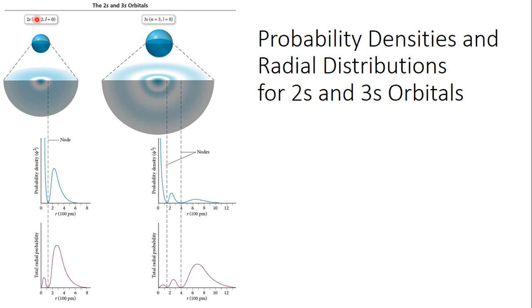Now if we look at the 2s, or n equals 2, L equals 0, and 3s, n equals 3, L equals 0, and we look at the radial distribution, you're still very probable near the nucleus, but then you have a region of space where probability is 0, and this is called a node. Then you have high probability away from the nucleus. Now, if you were to look at this probability density, you would assume, since probability density is huge near the nucleus, that you'll always find it near the nucleus.